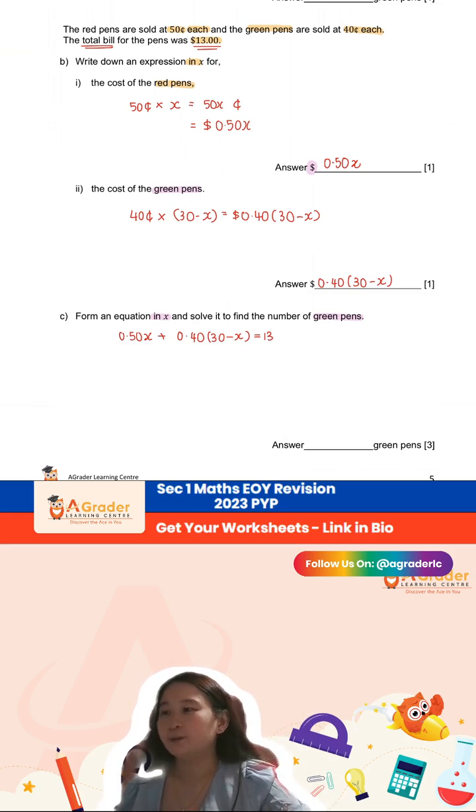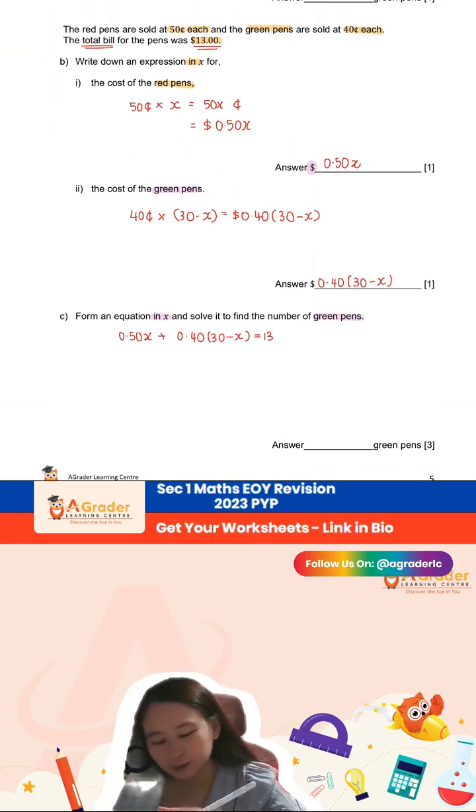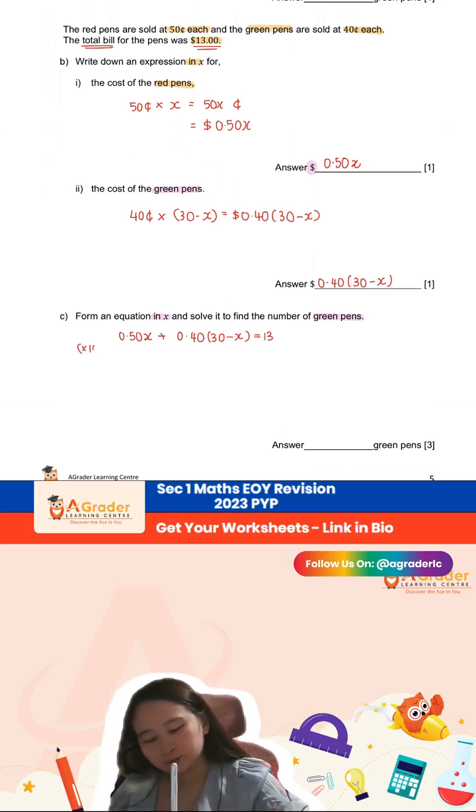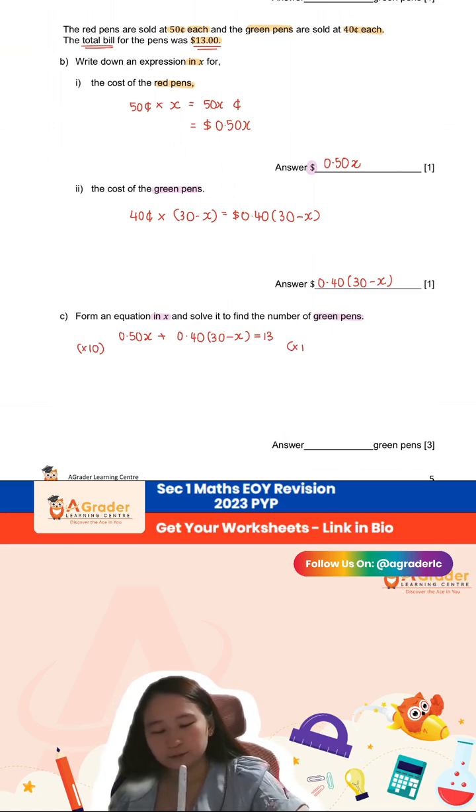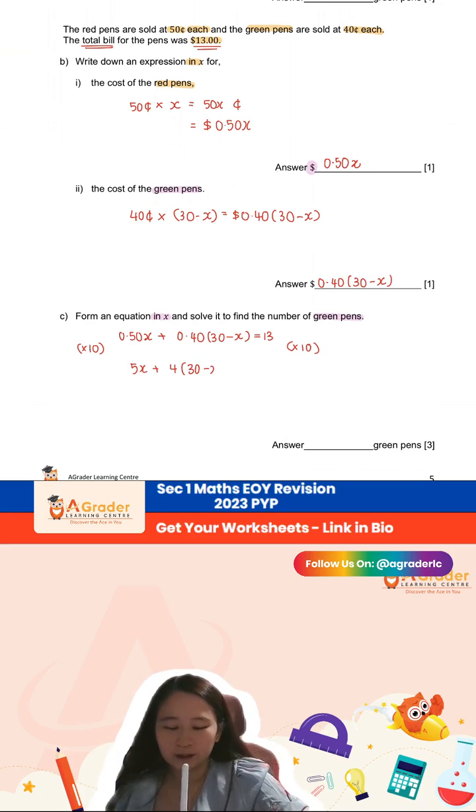Okay, what you can do here is you multiply by 10 throughout so that you do not have any decimals. So for me, I multiply by 10 throughout. 0.5 times 10, I get 5. So 5x plus 4 times (30 minus x) equals 130.